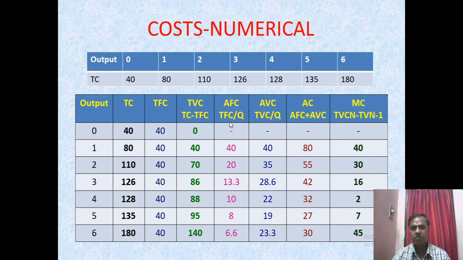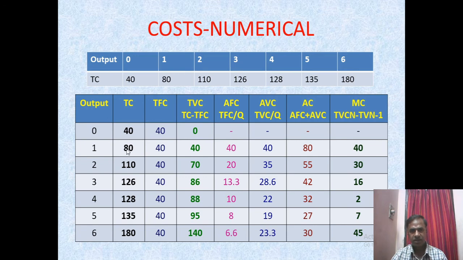AC is the sum of AFC plus AVC. Add AFC and AVC, you will get AC. 40 plus 40, 80. 35 plus 20, 55. Likewise. We can find AC in another way: TC divided by output is also AC.